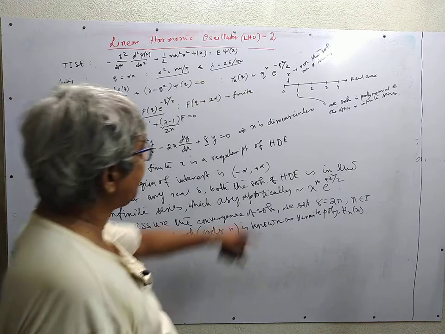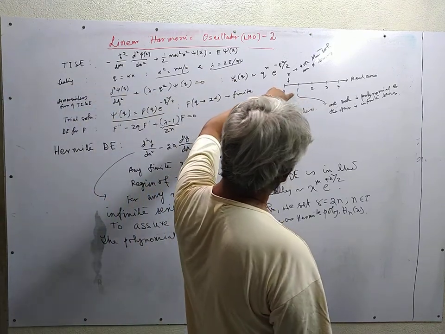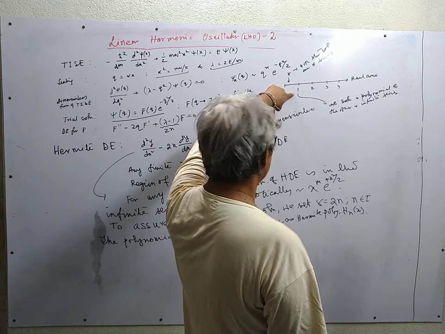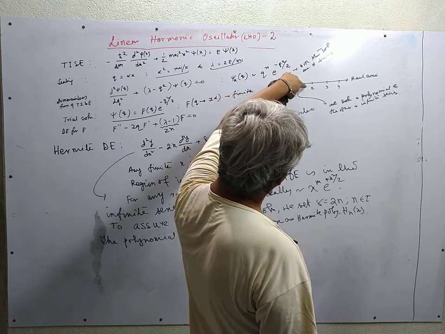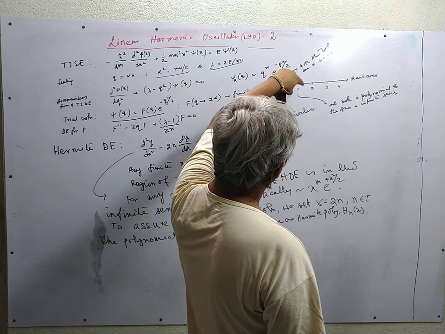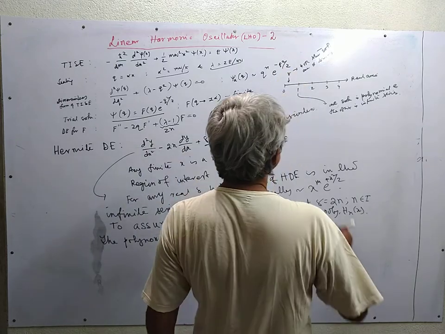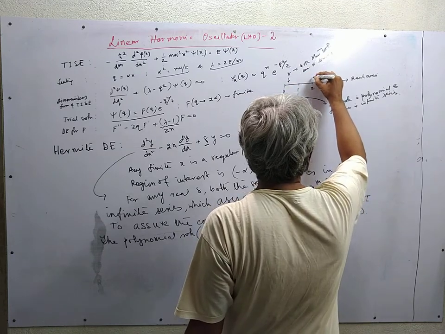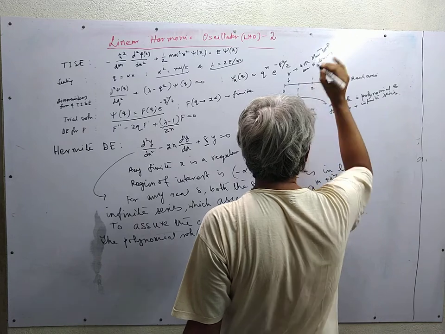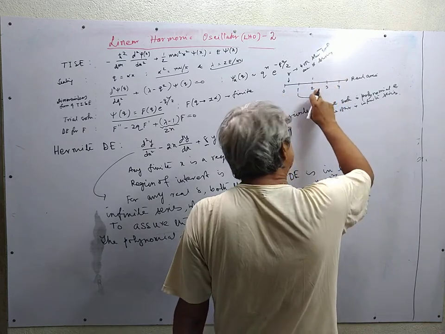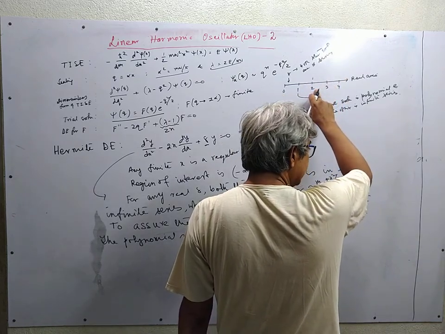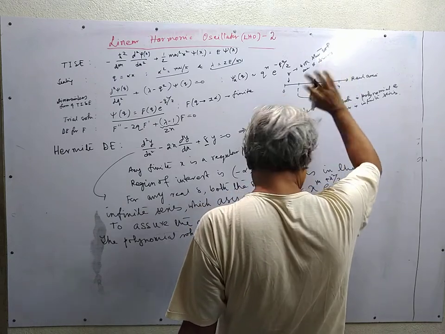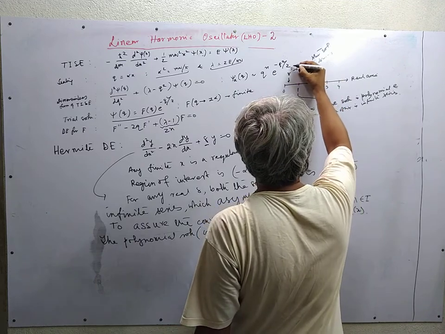If gamma is 1, then the odd series is a polynomial and the even series is an infinite one. If n is equal to 2, then the even series is a polynomial, and the odd series is an infinite one.